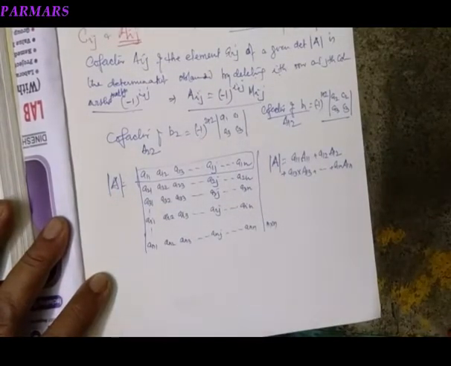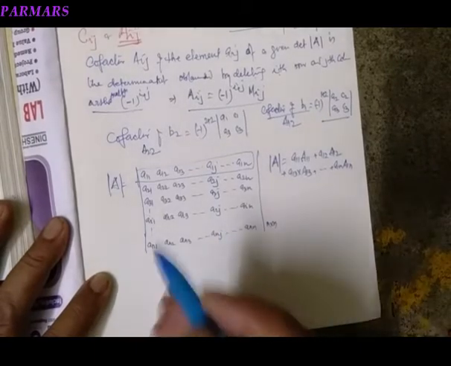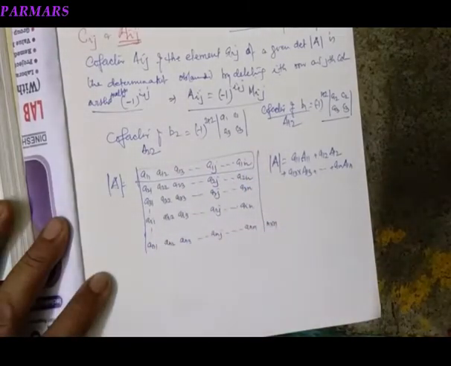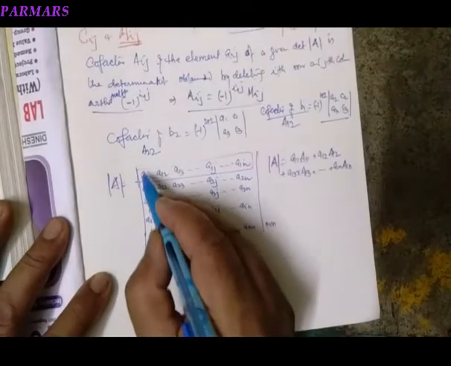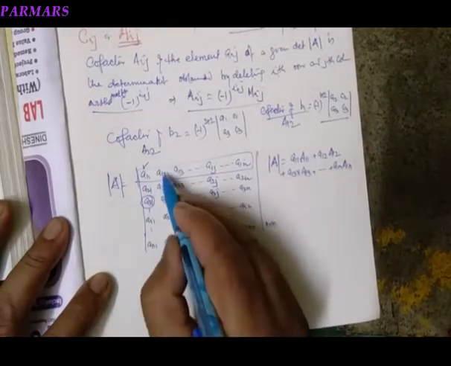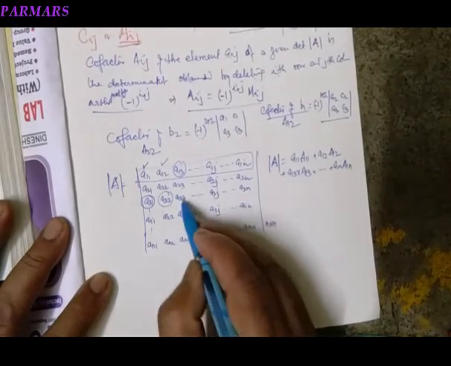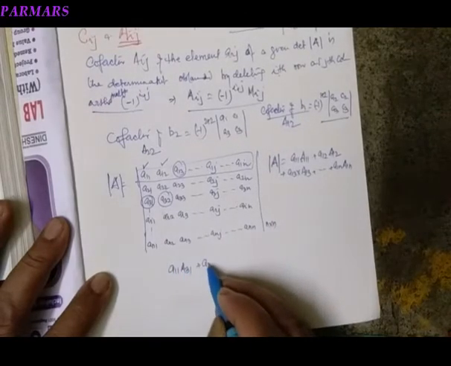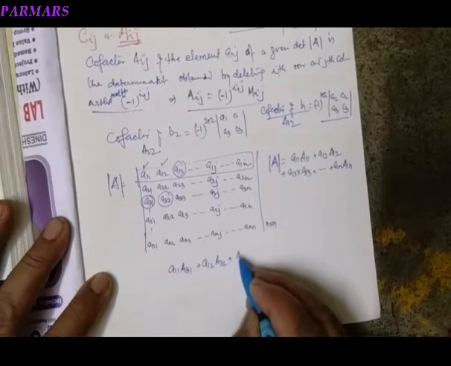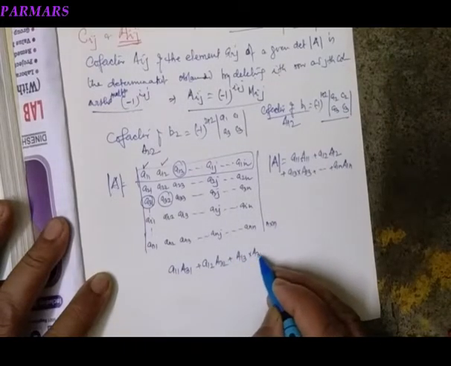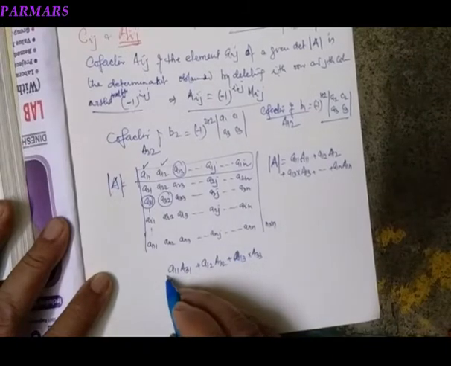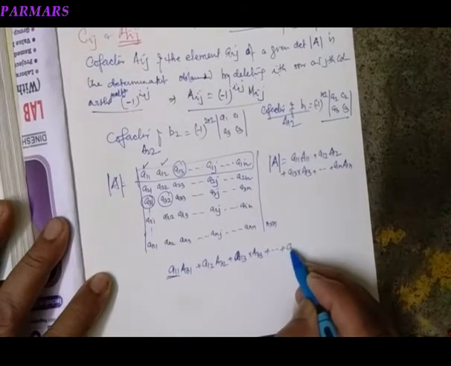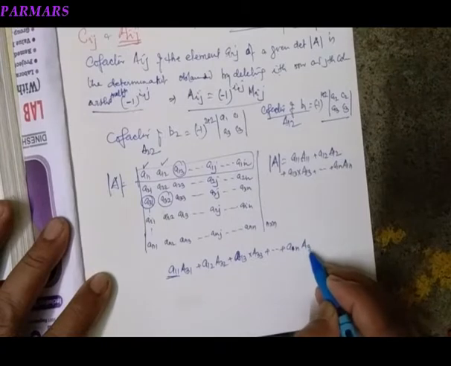Okay, but at the same time, if you are taking the elements of row 1 and multiplying them with the corresponding cofactors of some other row, suppose we took this element and multiplied by its cofactor, plus this element with this cofactor, plus this element with this cofactor, it means we did a11 A31, a12 A32, a13 A33, and so on up to a1n A3n.